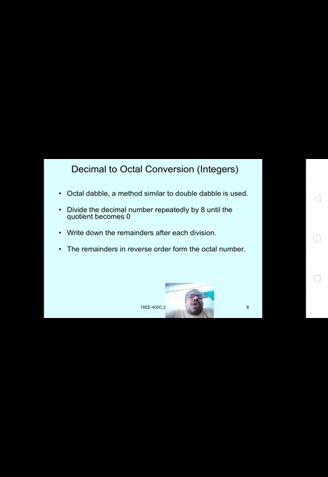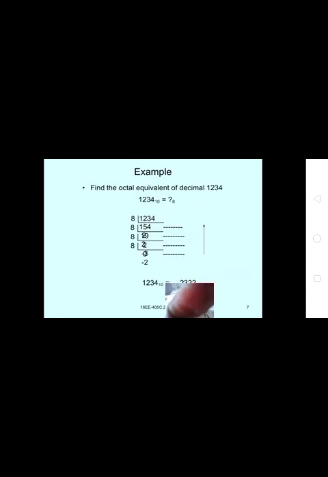Once again, a method similar to double dabble is used.